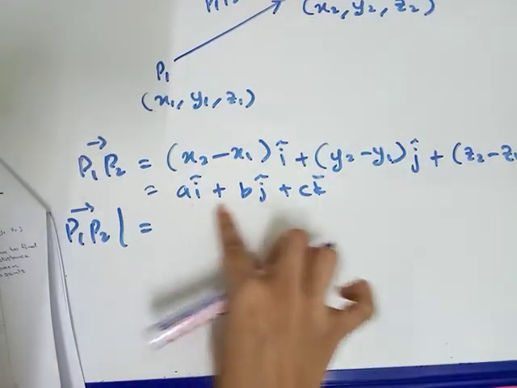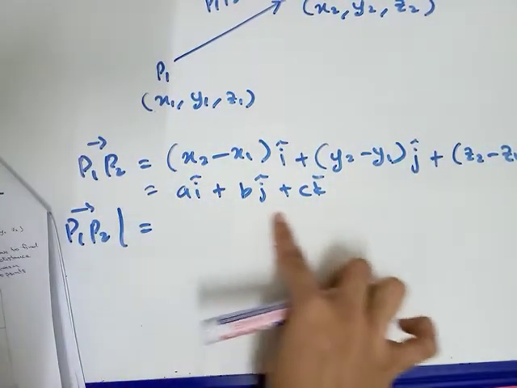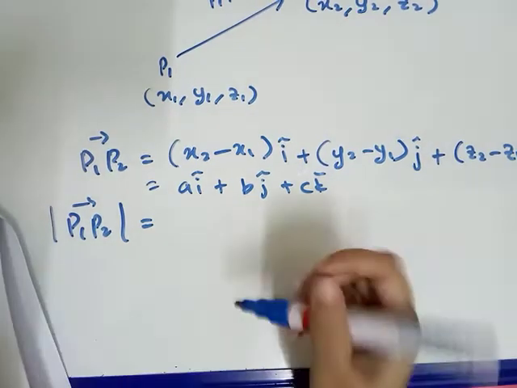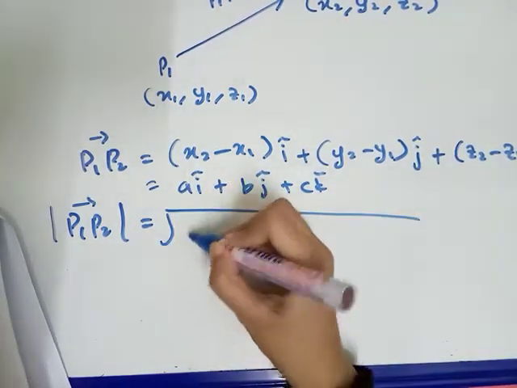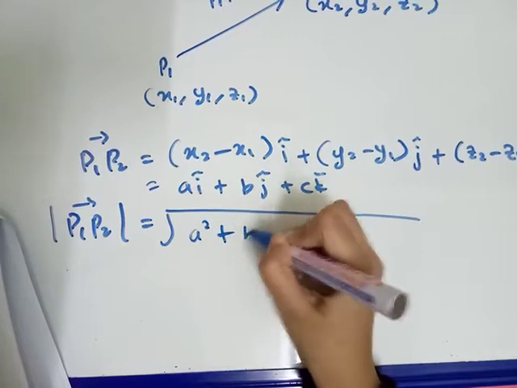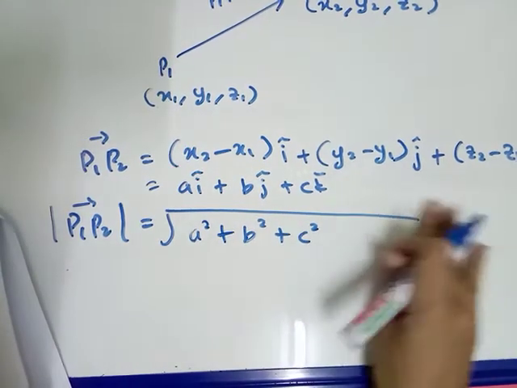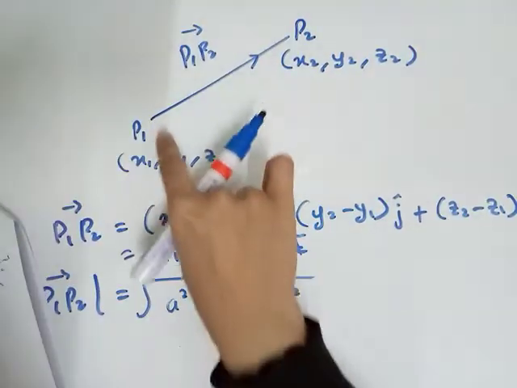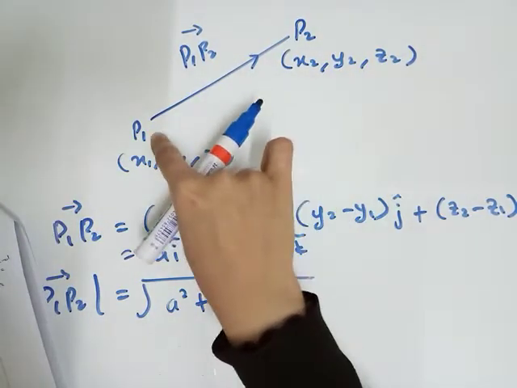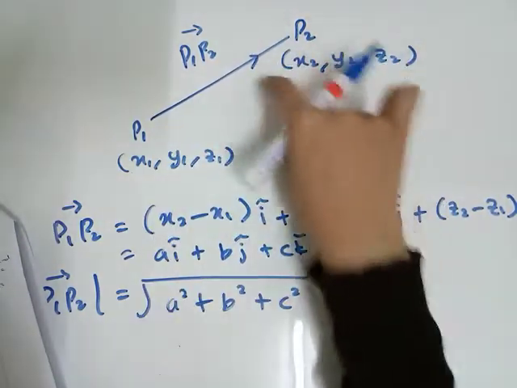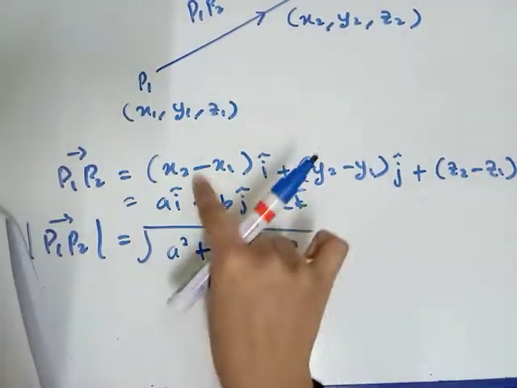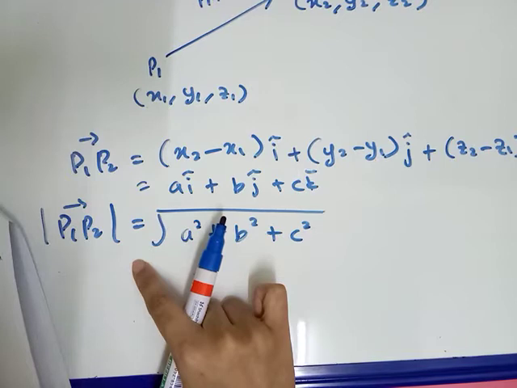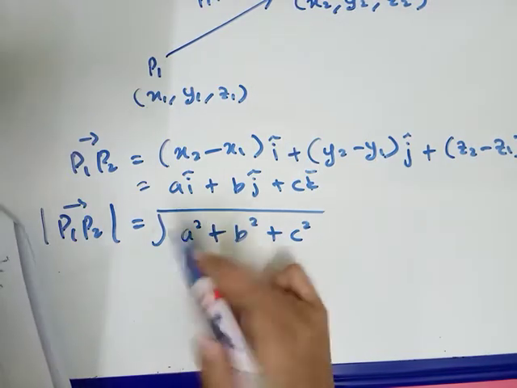This is the new vector for P1P2. So to find the length of P1P2, it is equal to the square root of A squared plus B squared plus C squared. It is like that. From these 2 points P1 and P2, if a question gives 2 points, the first step is to find the distance, and then we can substitute into the formula for the length of vector P1P2.